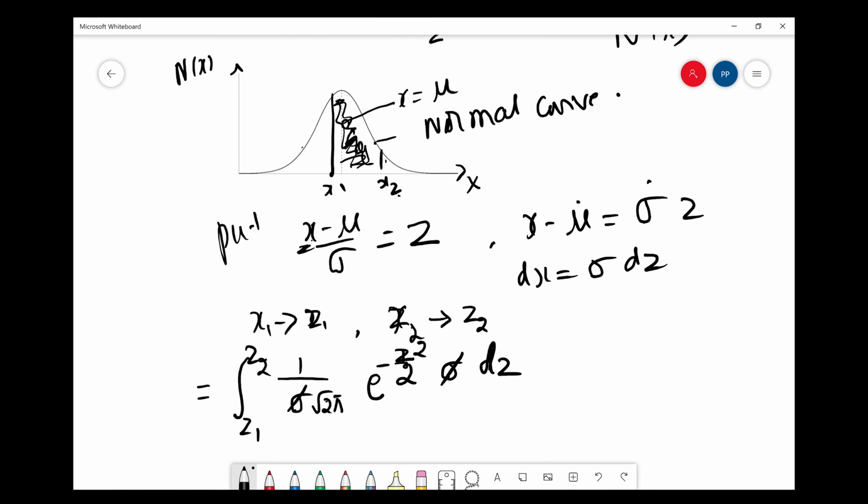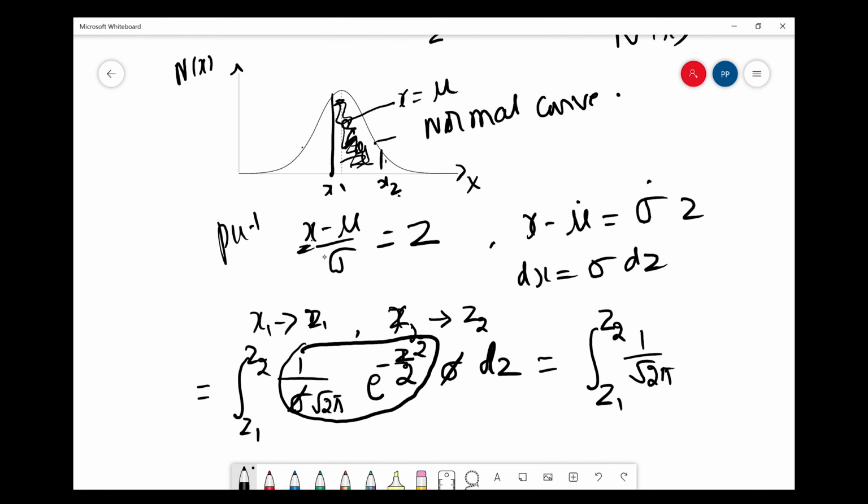Now the sigma cancels, and I can write this integral as z1 to z2 of 1 by root 2 pi into e power minus z square by 2 dz.